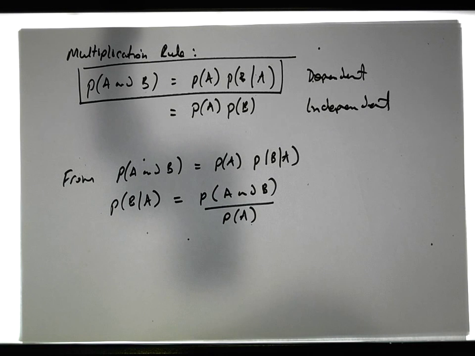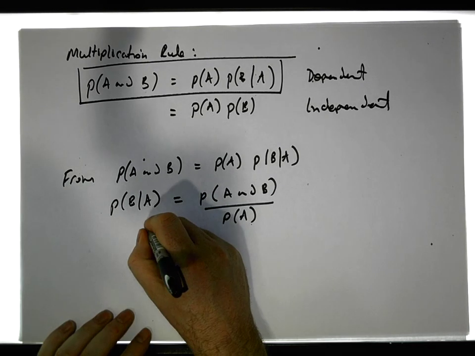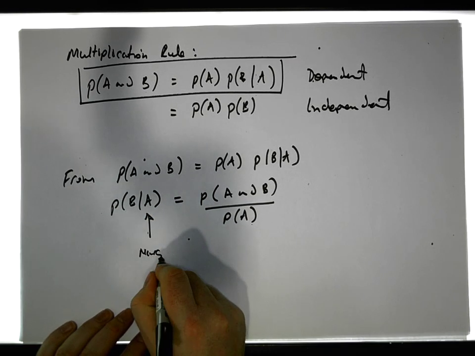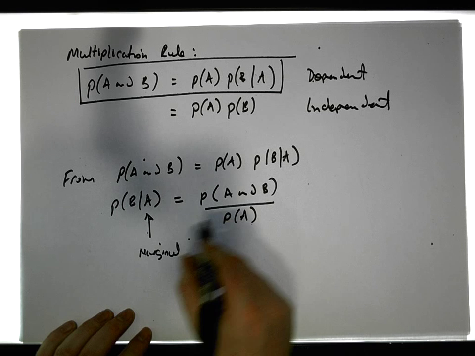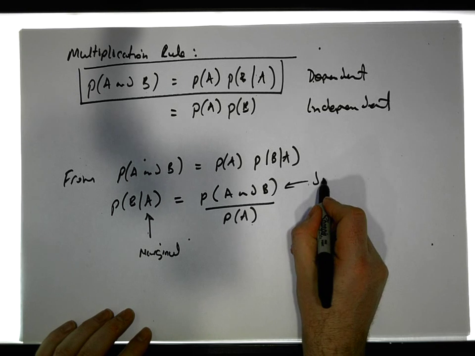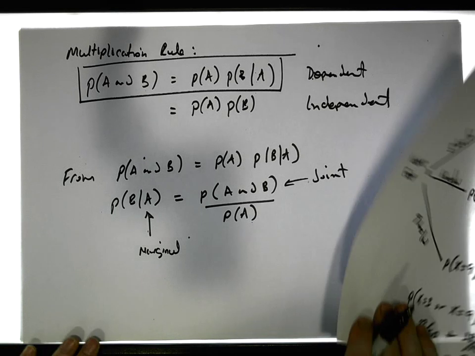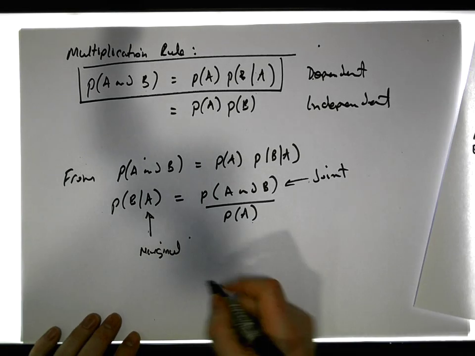This thing is what happened first, the marginal. And this is the joint event.